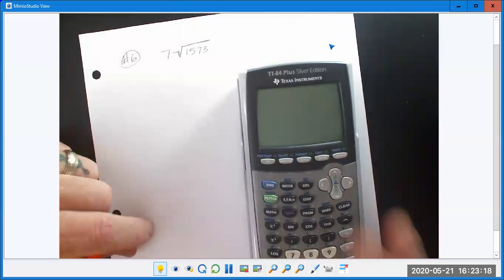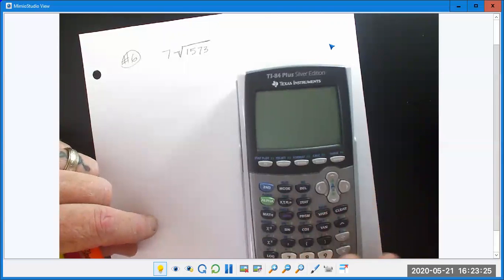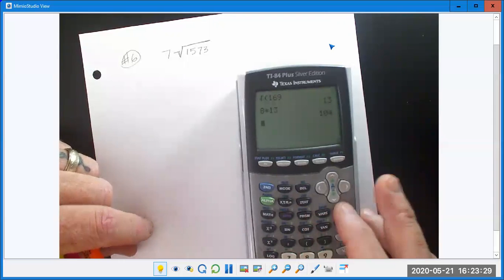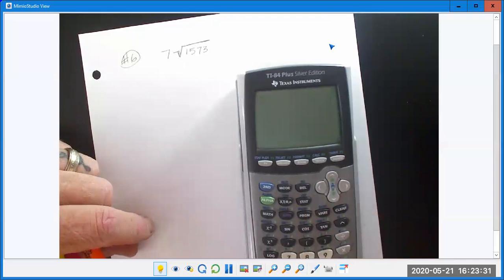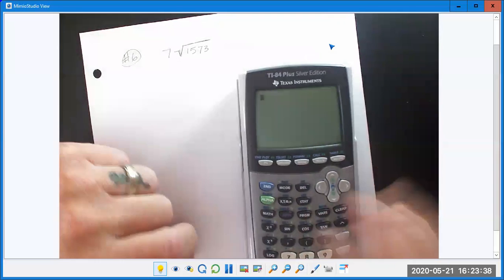And this is another good thing. When you start getting bigger numbers, it's always in your best interest, before you do too much work, to make sure that 1573 for some reason isn't already a perfect square. It's probably not because of the way they presented the problem to us, but what the heck.